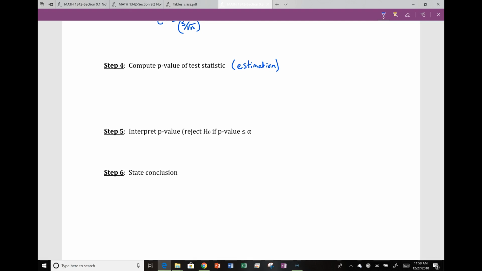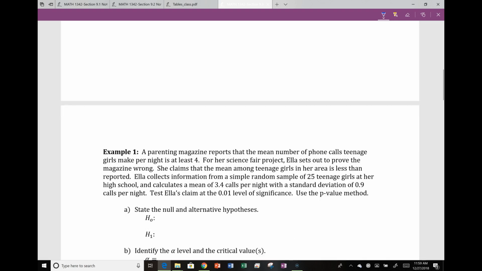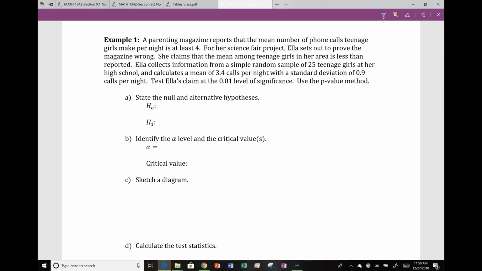So let's look at an example of where this would be a t-test. Example 1 says a parenting magazine reports that the mean number of phone calls teenage girls make per night is at least 4. For her science project, Ella sets out to prove the magazine wrong.